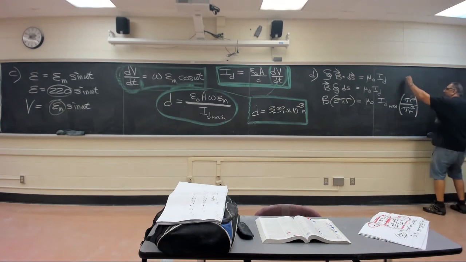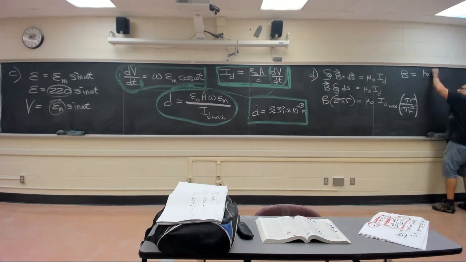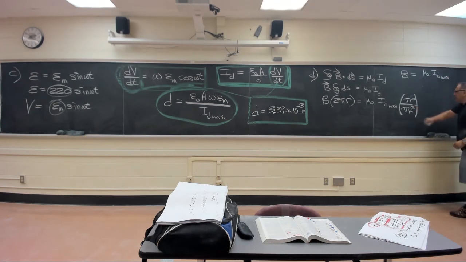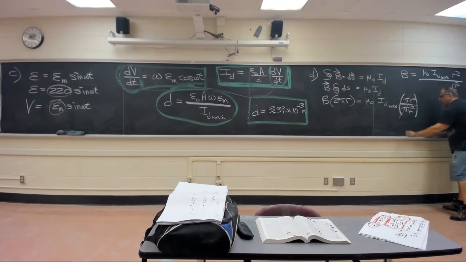Fascinating. Well, what happens is it's mu 0 ID max, and these guys are r squared on top divided by R squared on the bottom. Remember, the pis will cancel right here.